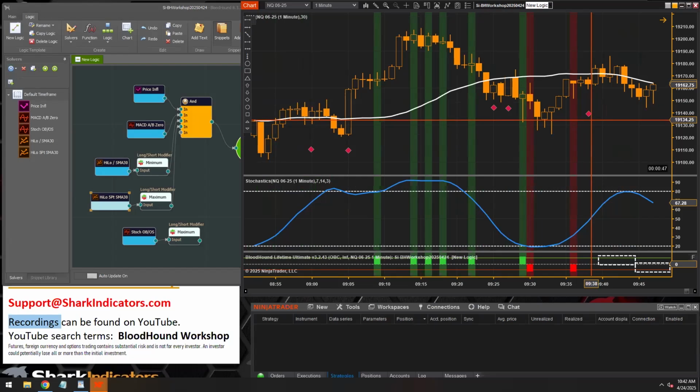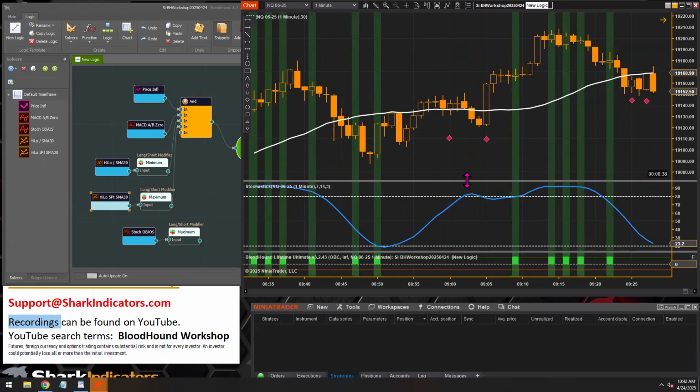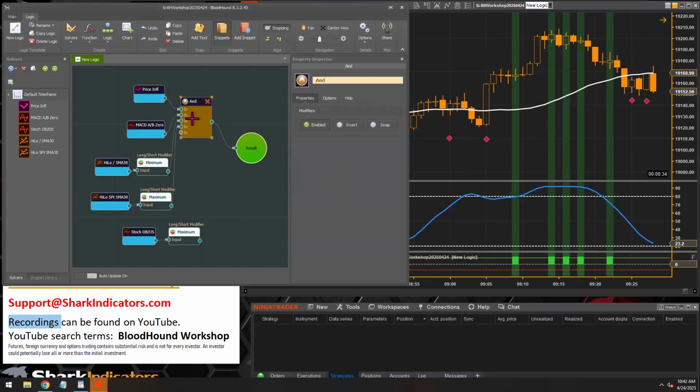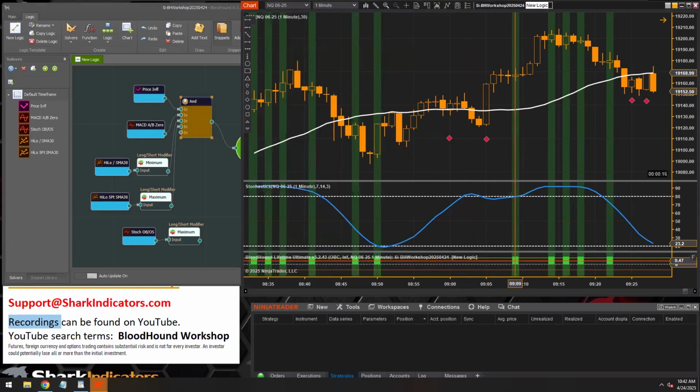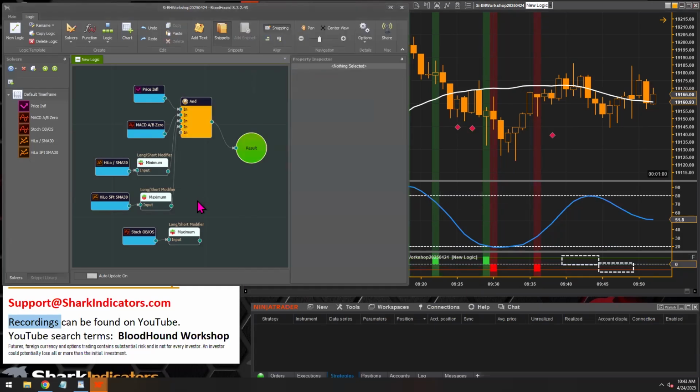So again, a summary is the AND node only has an output, or you only get a signal out of the AND node, when everything that's connected into it has either a long output all on the same bar, or all of these solvers have a short output on the same bar.